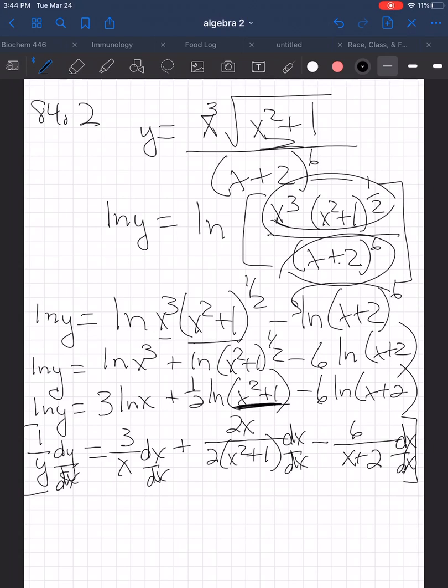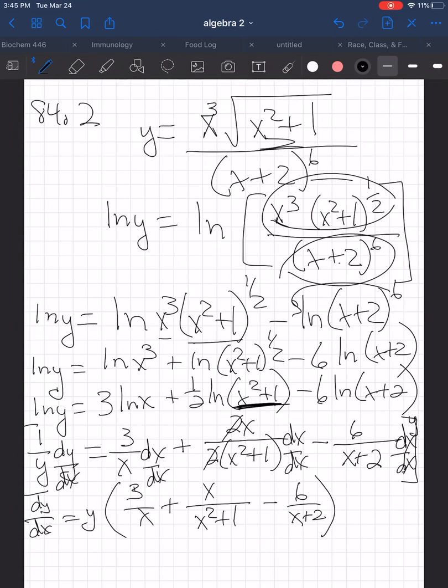So the whole thing is going to be multiplied by y. So this becomes dy dx equals y times 3 over x plus, oh, these 2's cancel. So we get x over x squared plus 1 minus 6 over x plus 2.